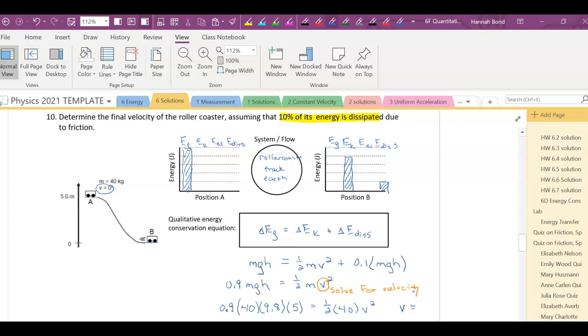So if I do that math, remember that we need to take the square root of that because in our equation we've got v squared. Then I get that the velocity is 9.391 meters per second at the bottom of that ramp.